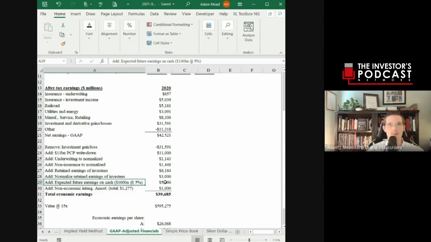Buffett has said that they will not go below 20 billion of cash because of the insurance operations that they have on the balance sheet. That 20 billion is stated in the 10K, but he's effectively said that it's much higher.